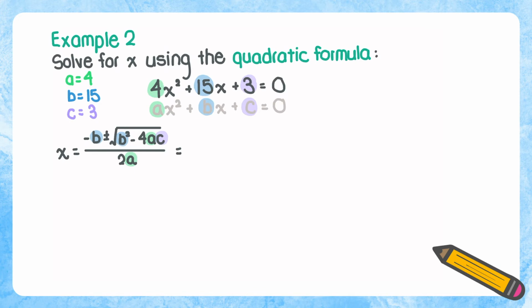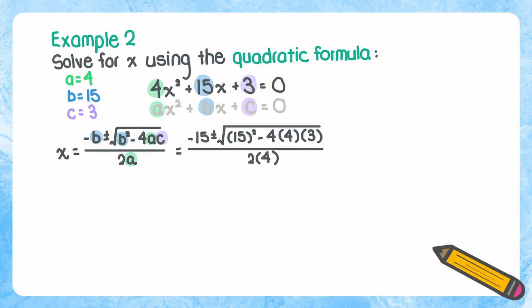We have negative 15 plus or minus the square root of 15 squared minus 4 times 4 times 3, and then all of this over 2a, so 2 times 4.